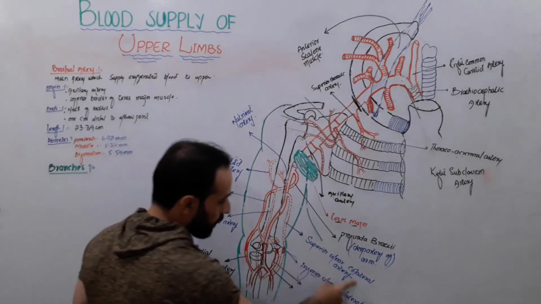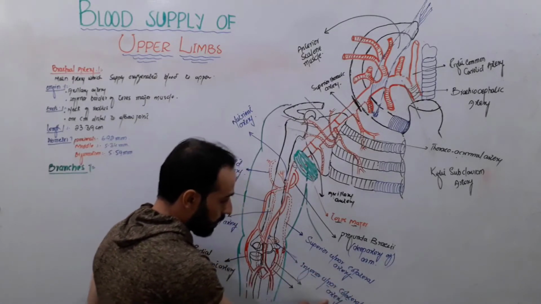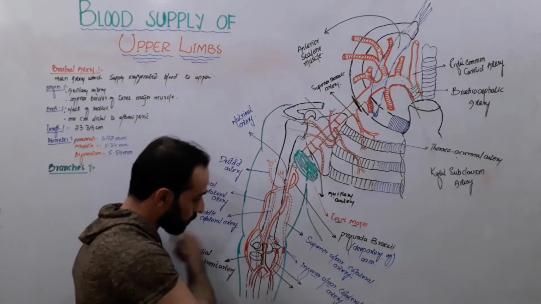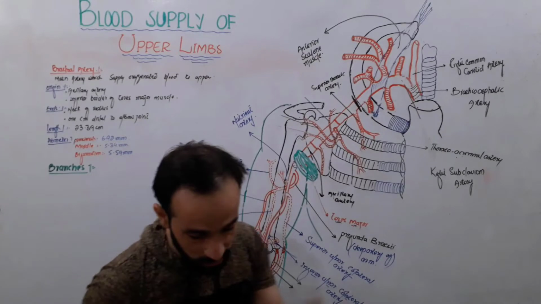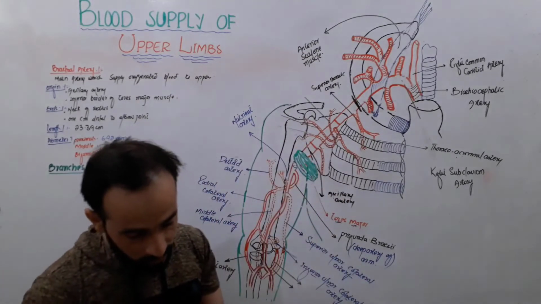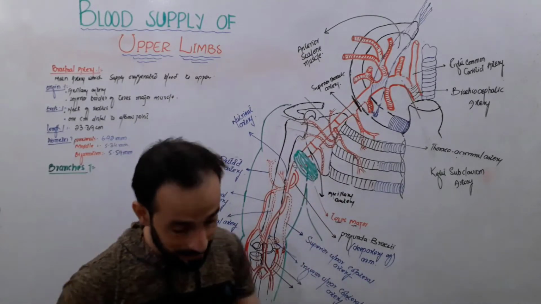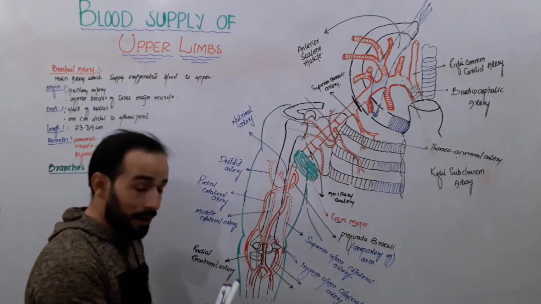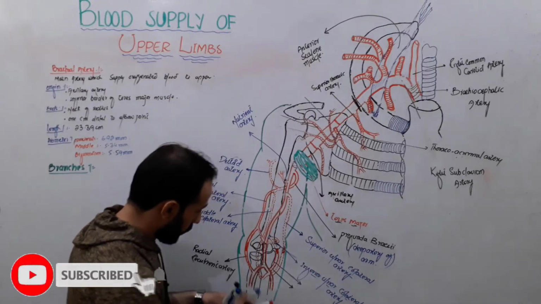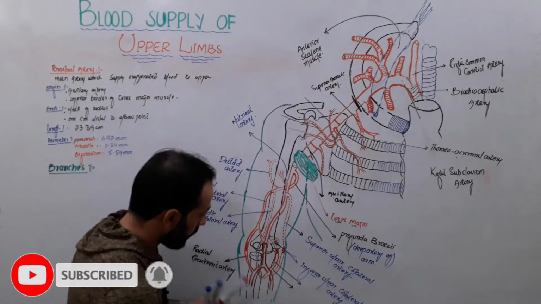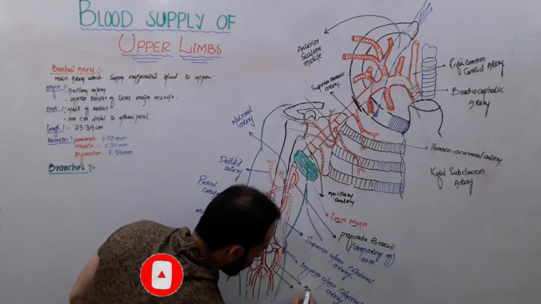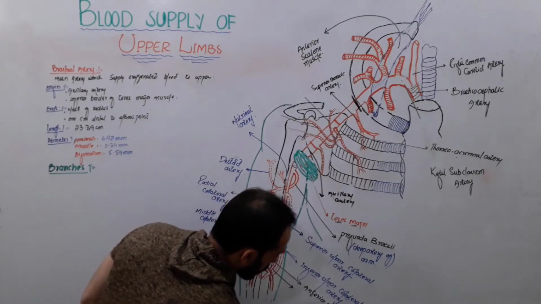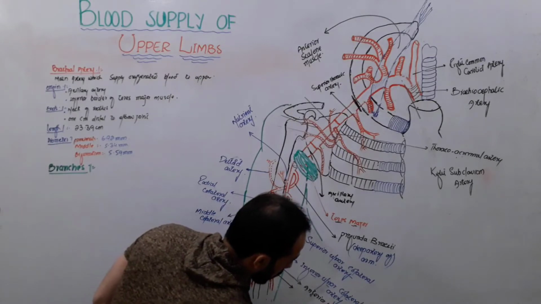So the superior ulnar collateral artery and inferior ulnar collateral artery will make anastomosis with these two arteries, and these two are recurrent arteries, known as the anterior ulnar recurrent artery, and the next one is the posterior ulnar recurrent artery. So this short one, right, is the anterior ulnar recurrent.